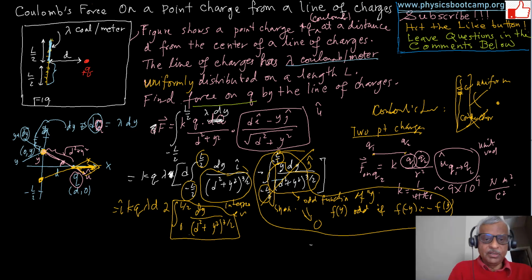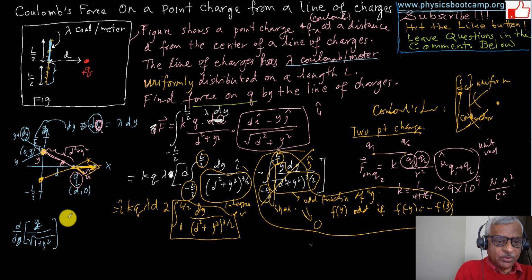Okay, there is a really simple way to do this, because you might be able to check that d/dy of y over square root of 1 plus y square is actually equal to 1 over (1 plus y square) to the 3/2.